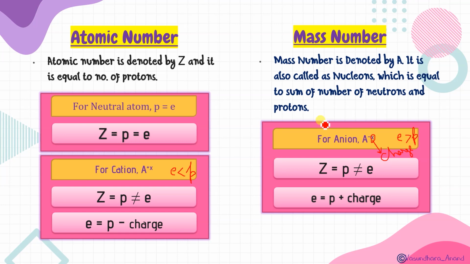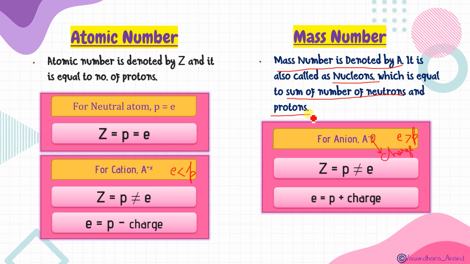Before that, this is the mass number. New topic, mass number. It is denoted by A. It is also called nucleons, and it is always equal to the sum of the number of neutrons and protons, whether it is cation, neutral or anion. The A is also not going to change.